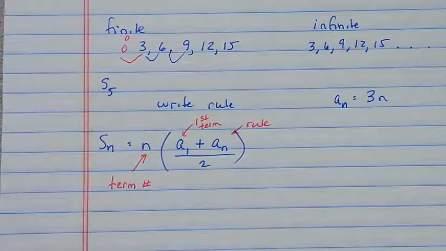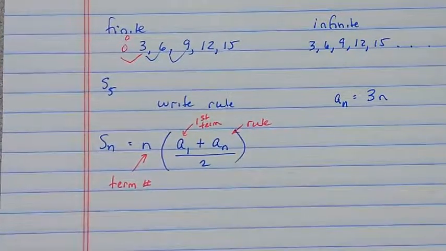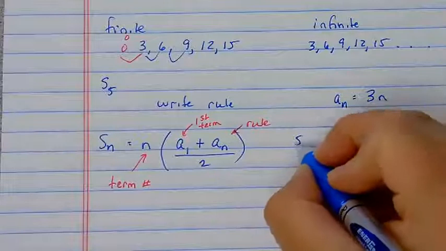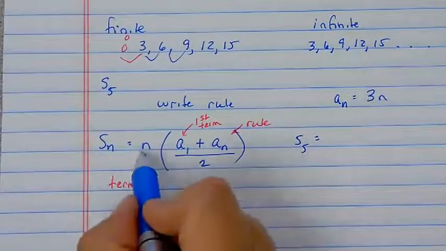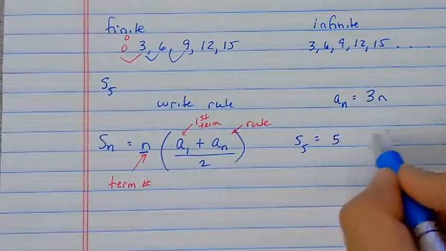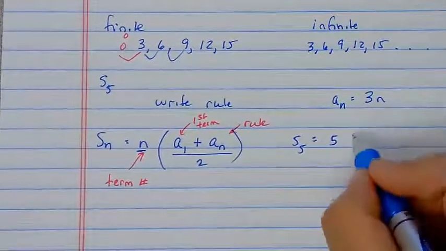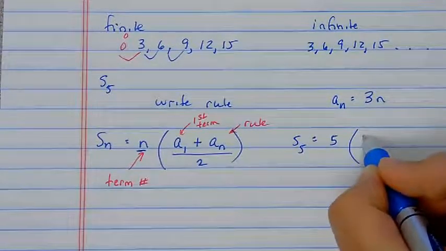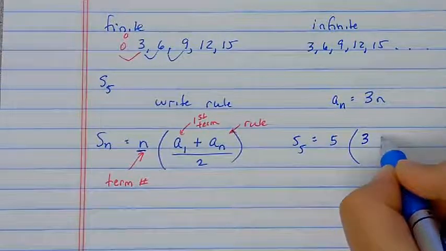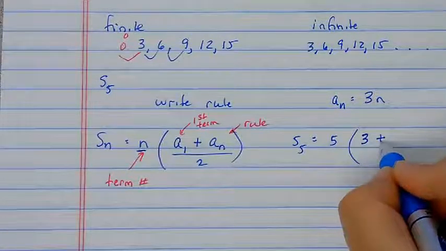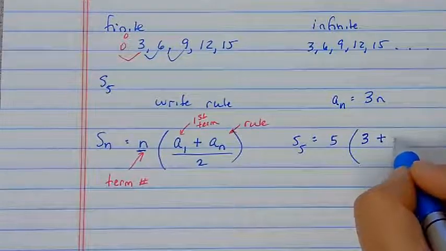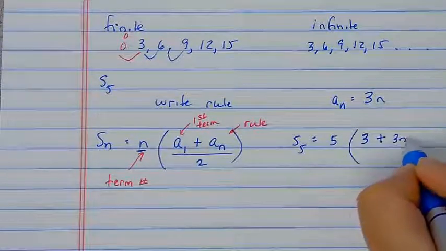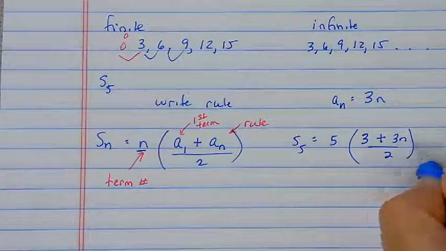So let's find the sum of the first 5 terms on this one. In this particular case, the n is going to be 5 because I'm finding the sum of the first 5 terms. The first term of this sequence is 3, and the rule is 3n, over 2.